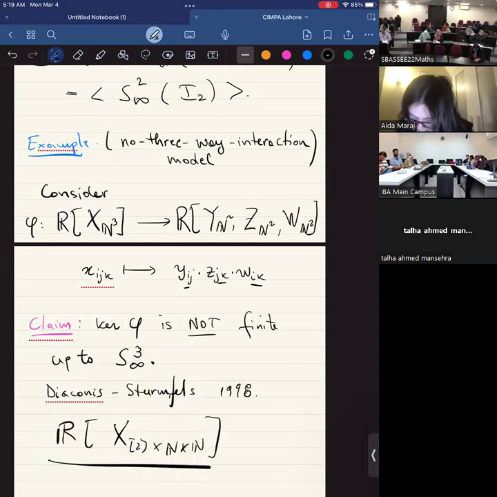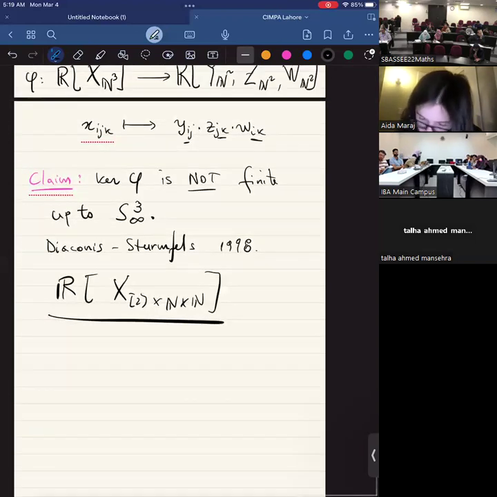When you restrict to these variables, they show that this is not finitely generated, because the ideal requires, so the answer is the y. So I'm going to give a hint of y.